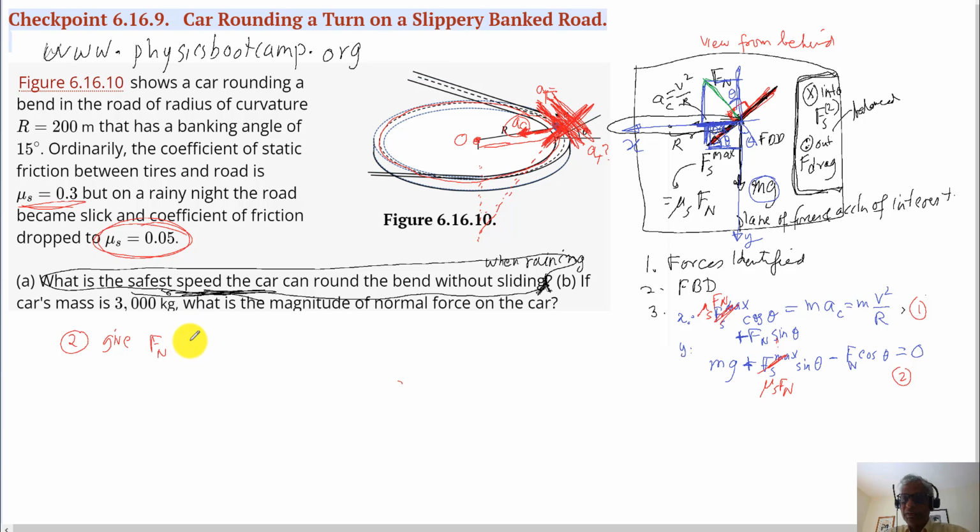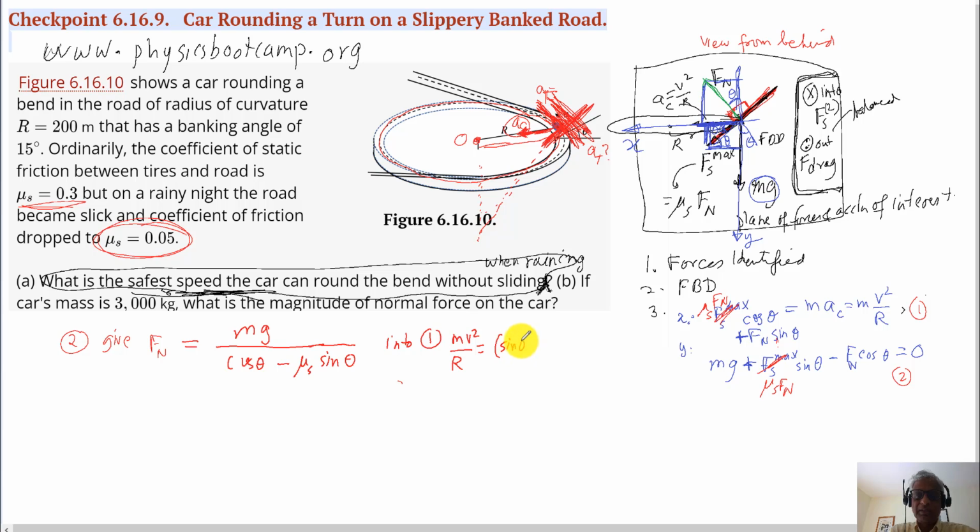And how do I get Fn? Just bring these guys on this side and then divide, right? So Fn will be mg over cosine theta, it will become positive, mu s sine theta, and putting that into 1 gives me mv square over r equal to mu s cosine theta plus sine theta.